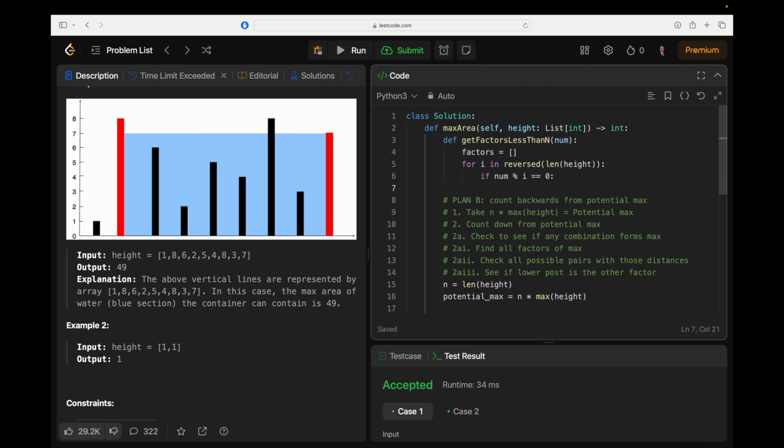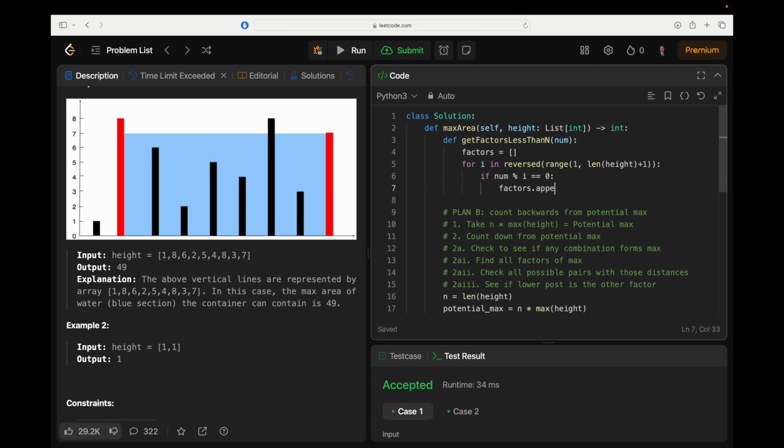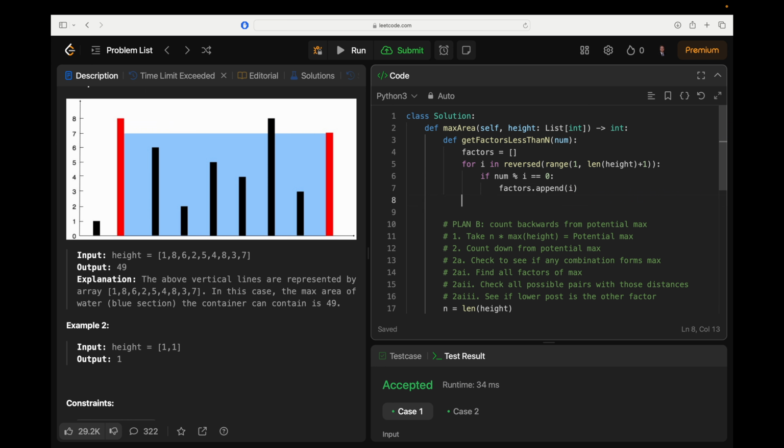Reversed, I guess it'd be range 1 to length of height plus one. That's getting really ugly, but I'm gonna push through anyway, because this is how I learn, by doing the stuff I don't want to do. If num modulo i equals 0, factors.append(i). Then return factors.